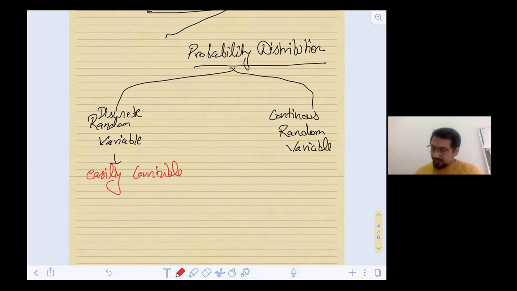And this random variable, from the name itself, you can understand that it is the variable whose value is continuous, and which can be measured on a scale. Let's say height, weight. What does it mean?